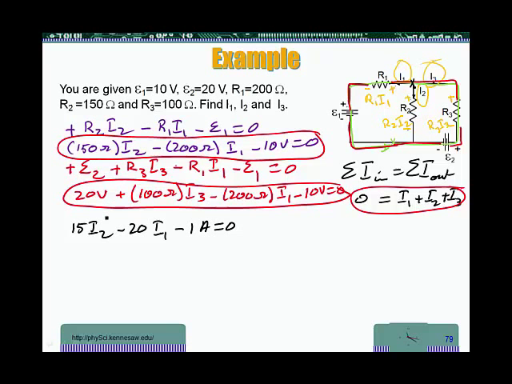The second equation, the 20 here and the minus 10 will give me a plus 10 that I'm going to divide by 10, so that will give me 1 amp, and then we have plus 10 I3 minus 20 I1 is equal to 0.